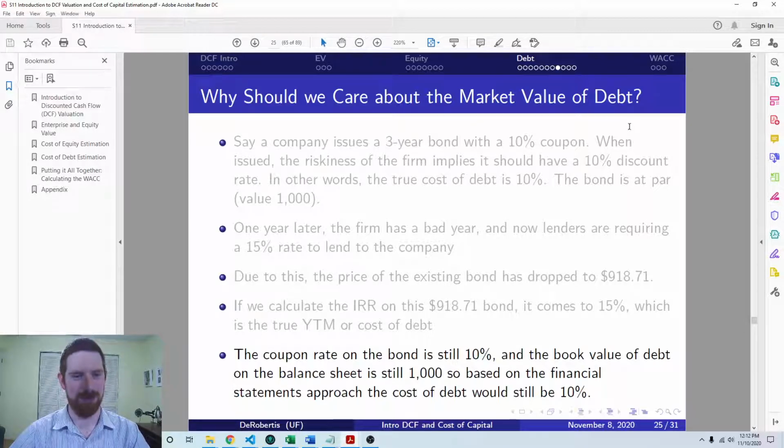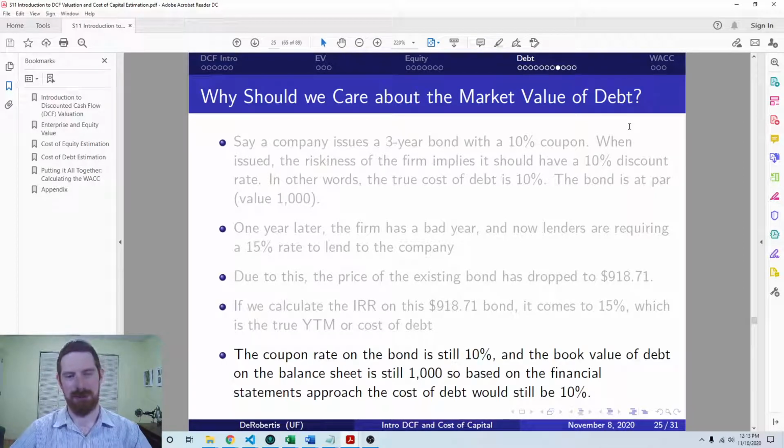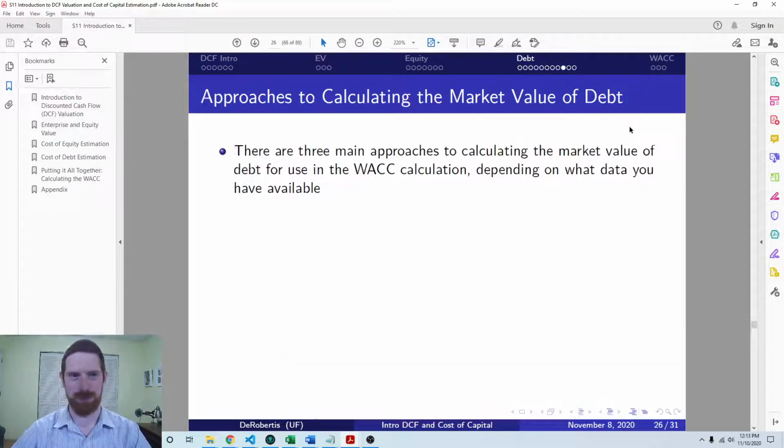You would also say that debt has a greater proportion in this capital structure than is actually the case because it has actually decreased in value. So we can end up with quite inaccurate estimates if we focus completely on the historical rather than looking at the market.